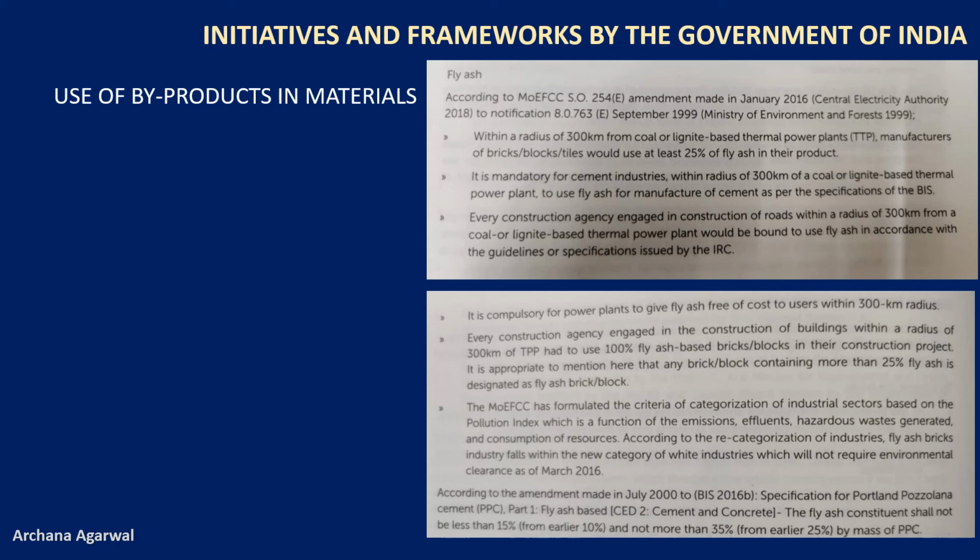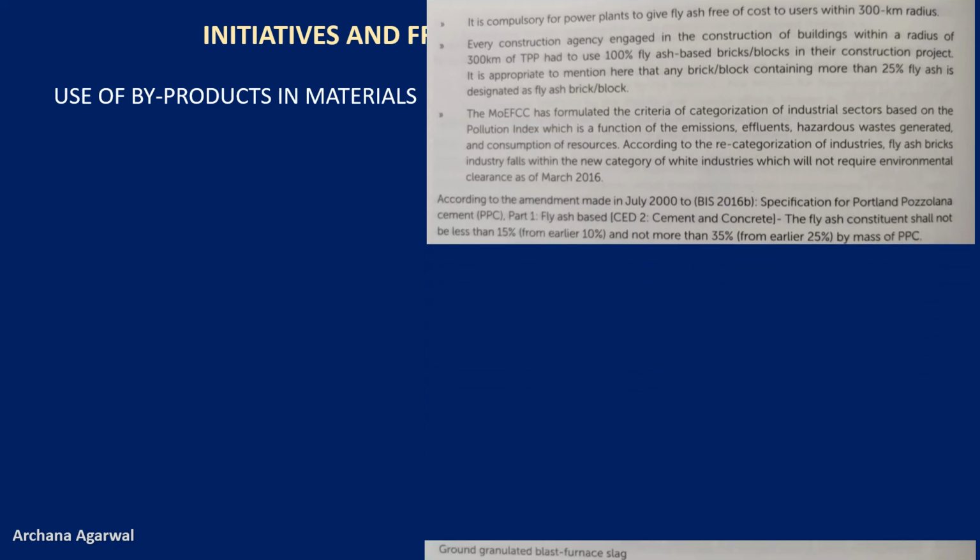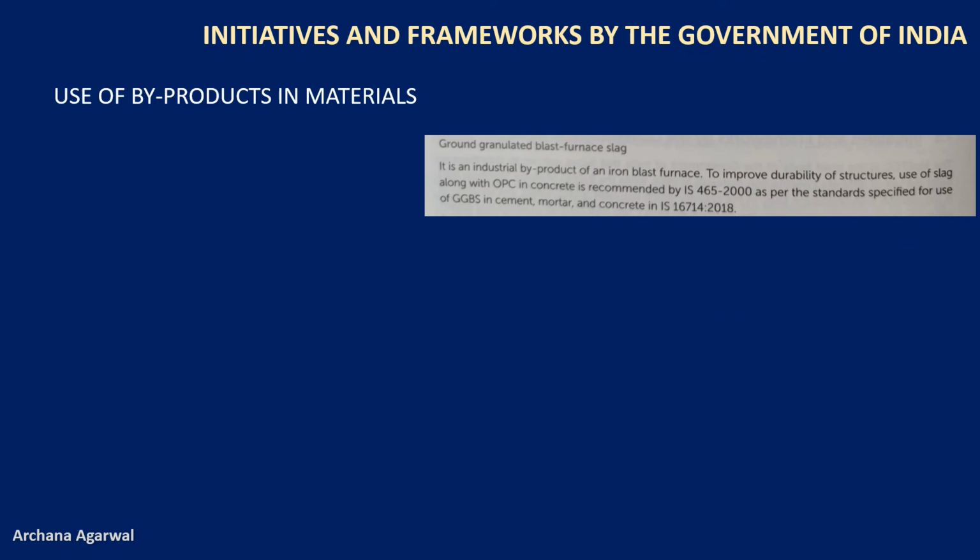The fly ash brick industry falls under the category of white industries, which will not require environmental clearance. Ground granulated blast furnace slag (GGBS) is an industrial byproduct of an iron blast furnace. The use of this slag along with ordinary Portland cement in concrete is recommended.